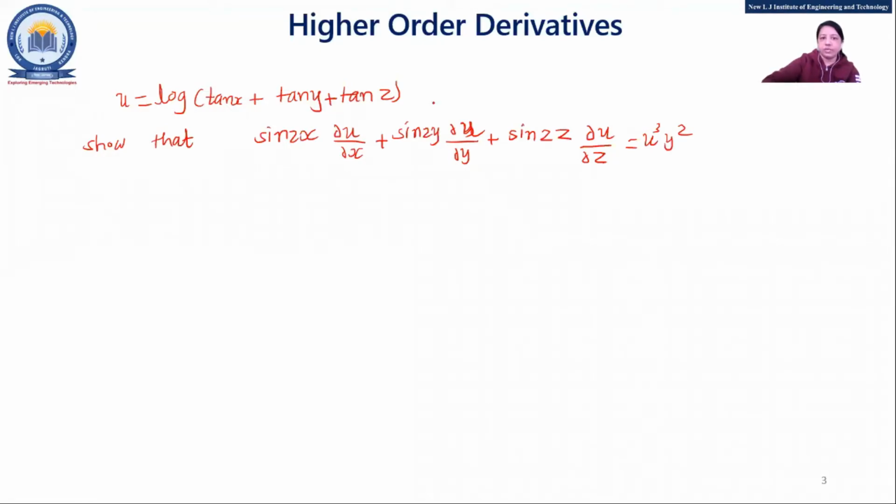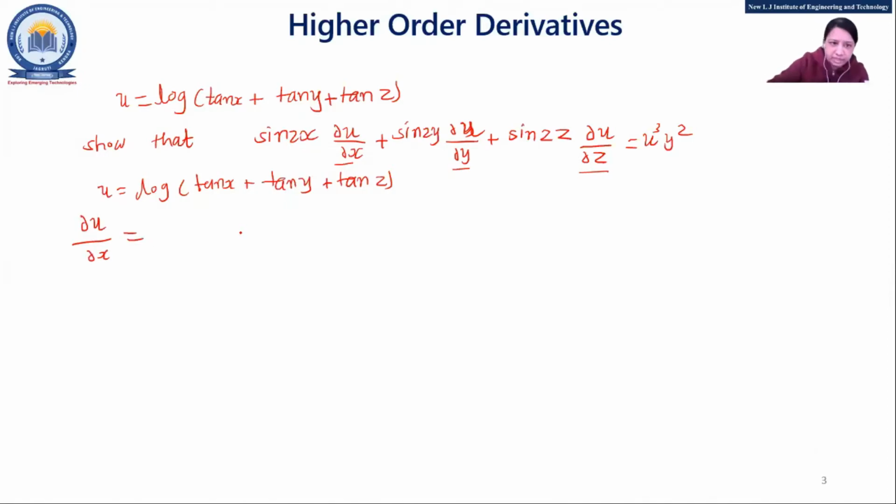And your u is this. This is the LHS, right? If you start with the LHS, you require these three terms. So we have u equal to log of 10x plus 10y plus 10z. First you need to find del u by del x.